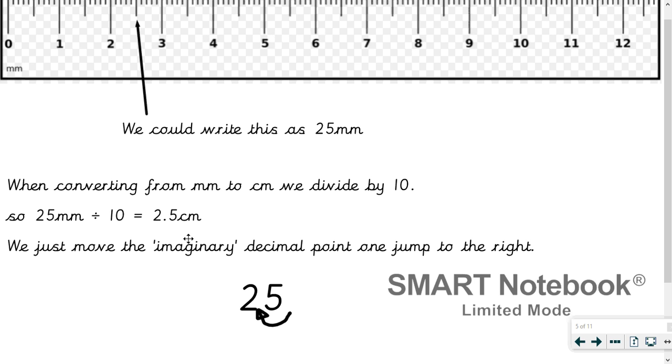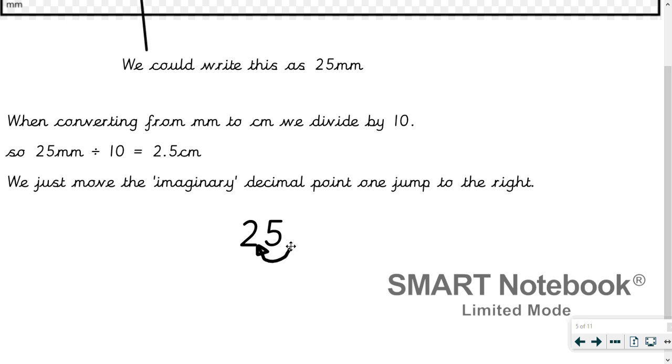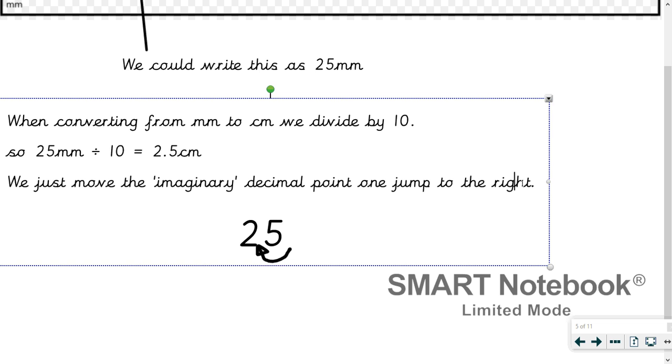Now the way we do that is like we did with our decimals. We have to remember the imaginary decimal point bouncing. So if it times in by 10 or 100 or dividing by 10 or 100, you need to imagine that point. So for 25 millimetres, that imaginary decimal point comes after the 25. And then we're dividing by 10, which means we're going to jump 1. Oh no, I've put to the right and I mean the left. Let me change that live because we know I'm full of mistakes.